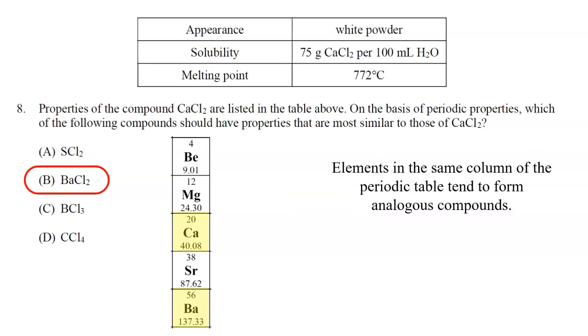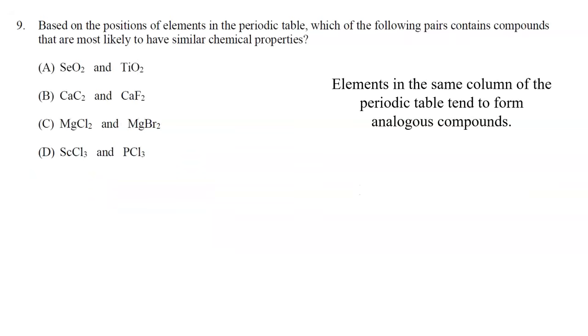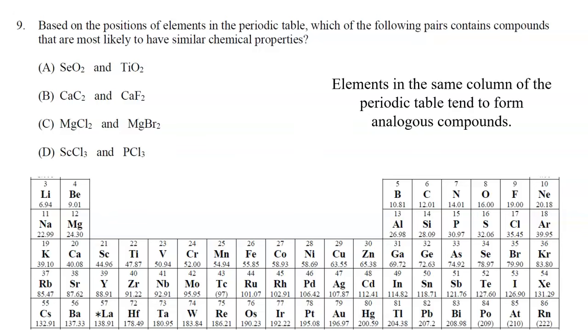We're looking for elements in the same column of the periodic table that tend to form analogous compounds. Let's start with choice A. So in choice A, we have selenium and titanium, and they're both bonded with oxygen. But since selenium and titanium are not in the same column of the periodic table, it is unlikely that choice A is the correct answer.